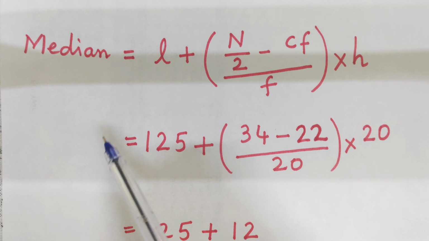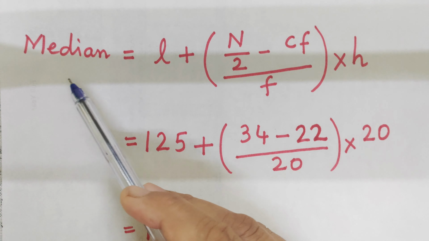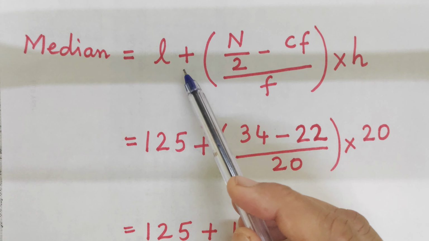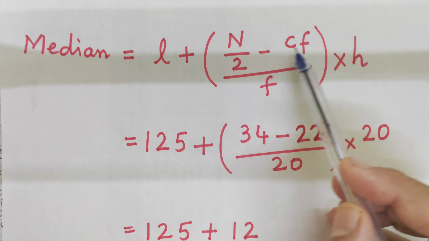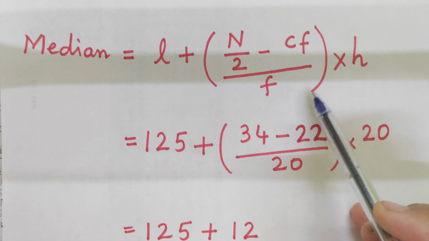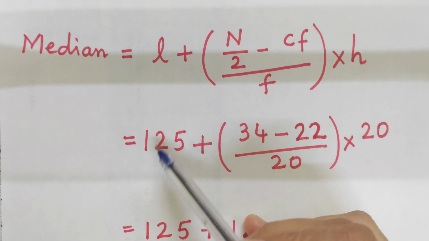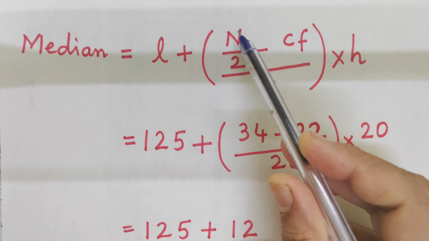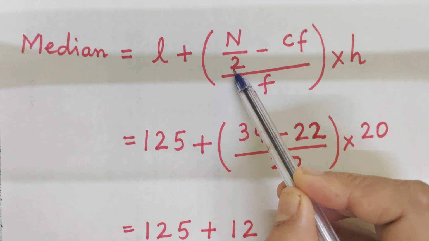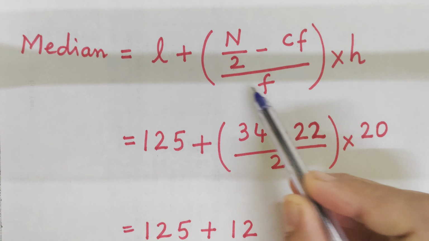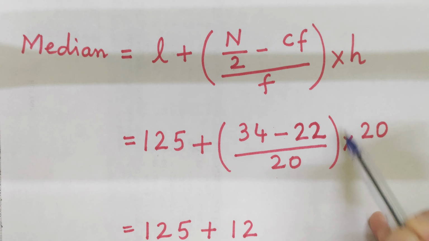Here we have the formula to find median of group data. Median is equal to L plus n by 2 minus CF upon f multiplied by h. The value of lower limit was 125 plus n by 2, means 68 by 2 is 34, minus cumulative frequency 22, frequency 20, multiplied by 20.